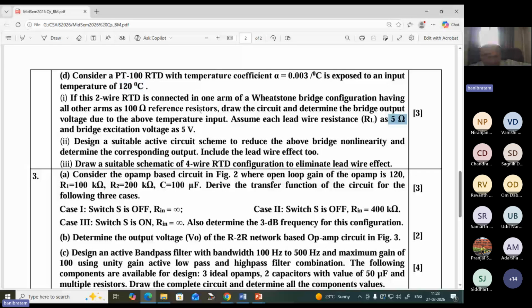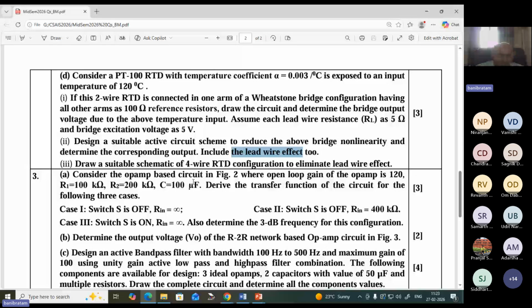In the class circuits we only considered the RTD without the lead wire, but here I have said to include the lead wire effect too. So the nonlinearity may not be completely eliminated, but you can reduce the overall effect.